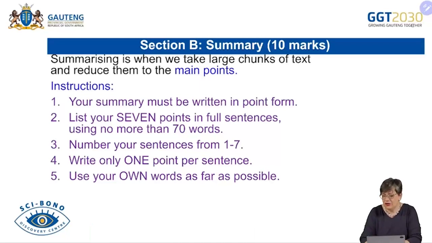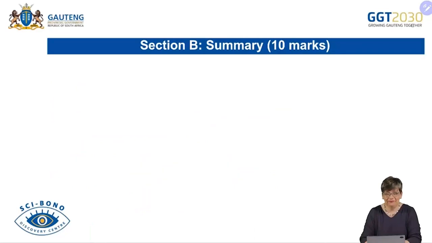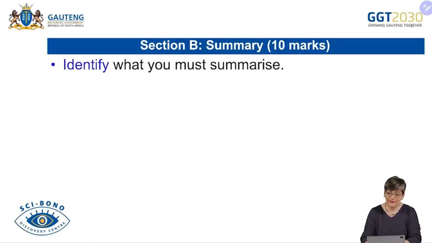So how do you do a summary? Well, it's really easy. But before you do, you have to remember, when you are done with your summary, you have to indicate the total. You can write less than 70 words, but you can't write more than 70 words. Now, here's the steps.